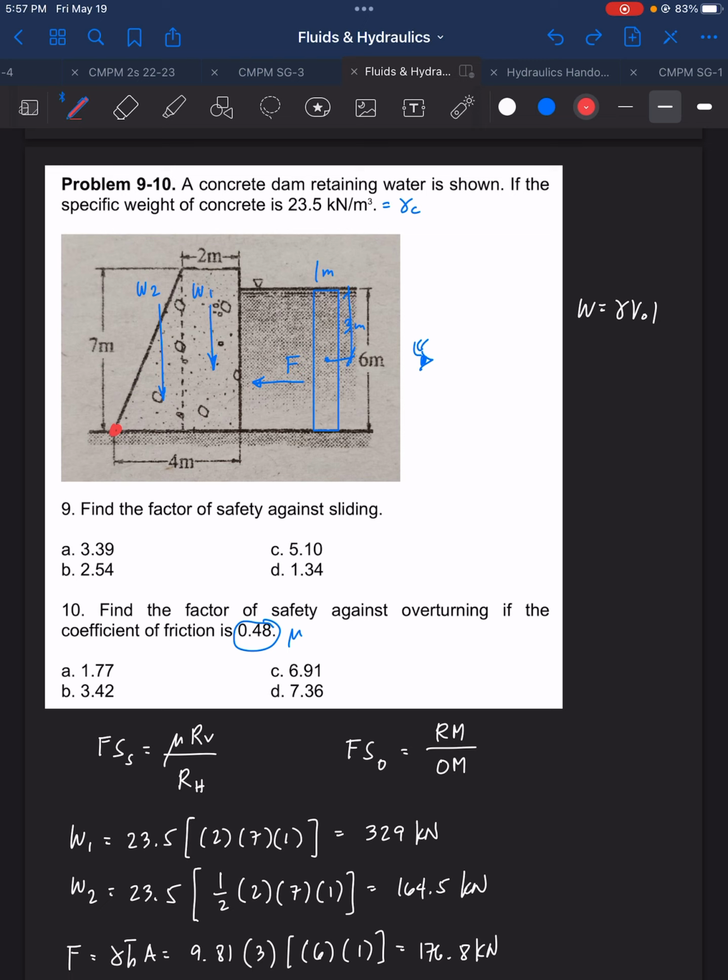If the force of water begins to push this structure, it tends to rotate here. So that's the kind of failure that we're trying to avoid.